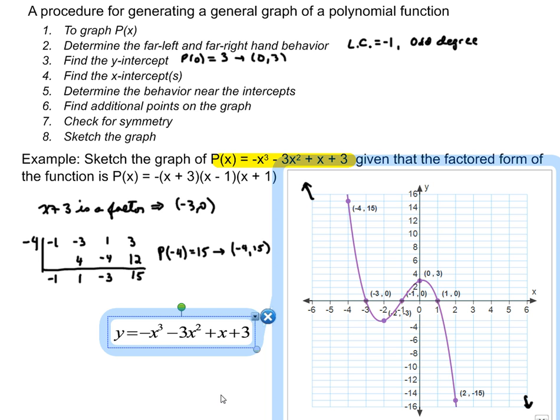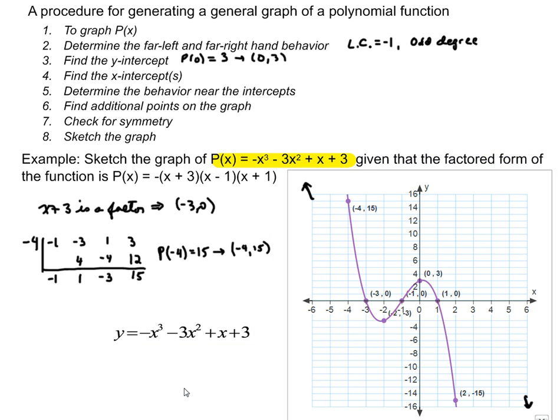Well, exactly what we predicted. The graph passes through all of these points, with intercepts at negative 3, 0, negative 1, 0, and 1, 0. It zooms off towards positive infinity as x goes to the left, zooms down towards negative infinity as x goes to the right, and passes through the y-intercept at 0, 3, and our other predicted points as well. All right, good luck with your assignment, and I'll see you in class.